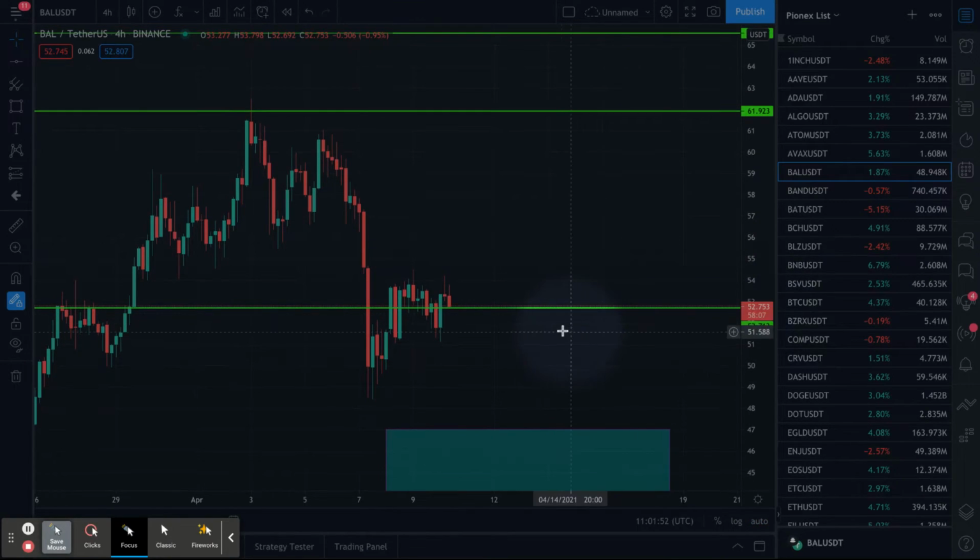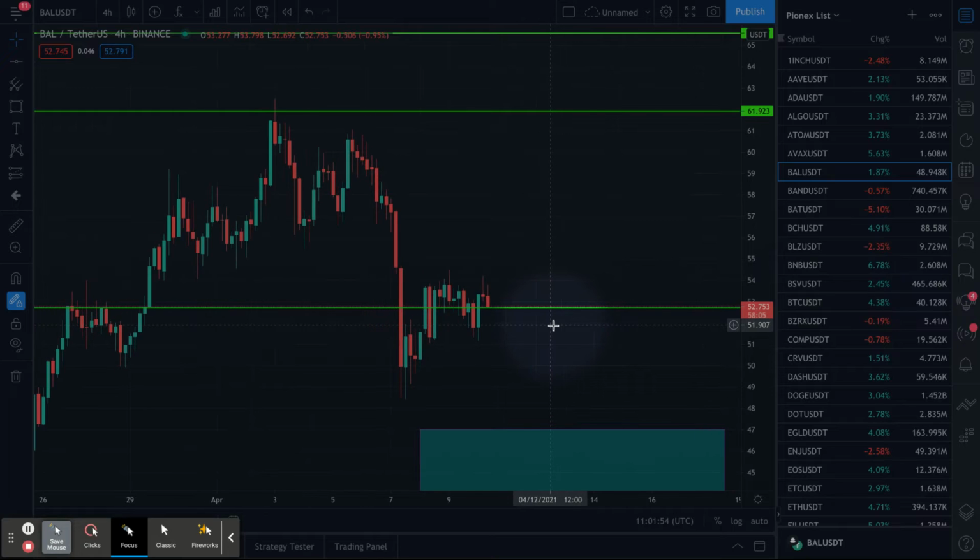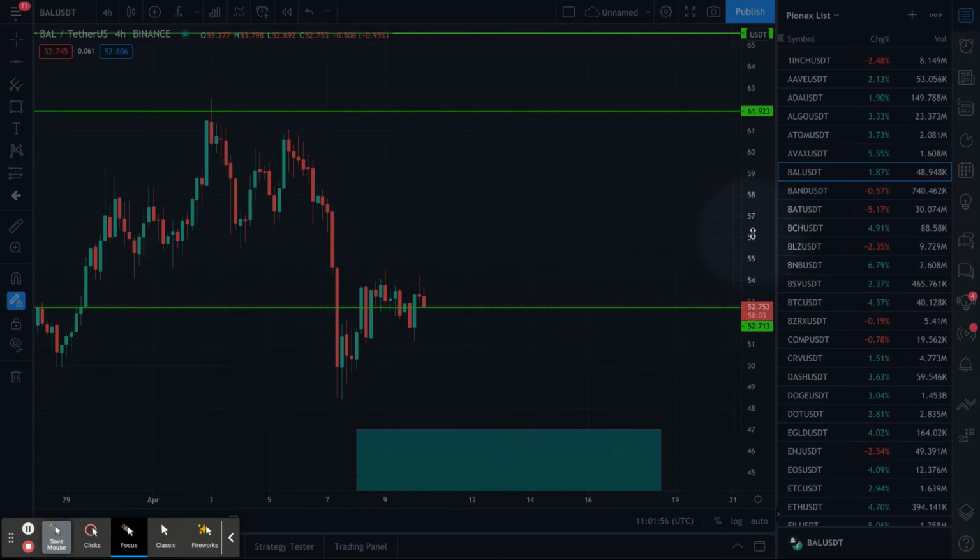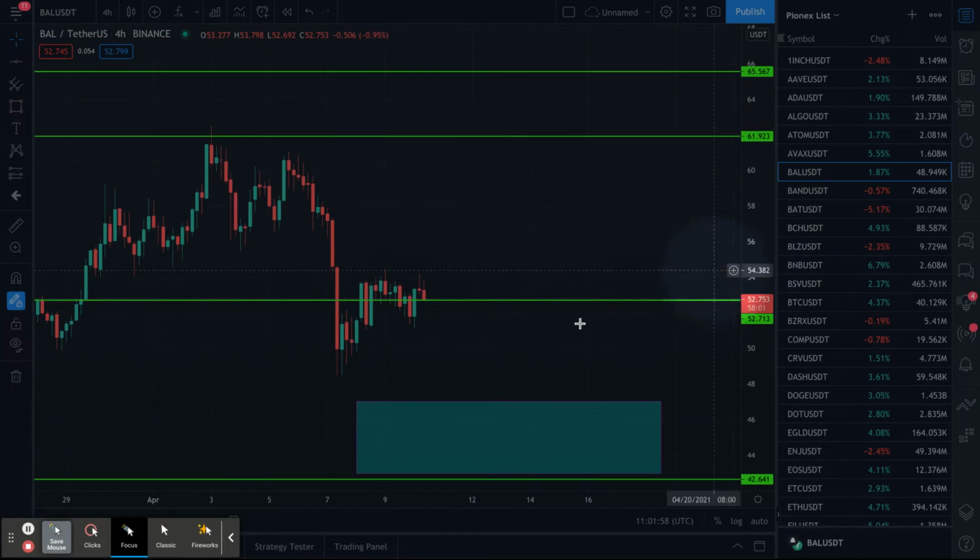Now, the other side of this is you can't trade or chart a leverage token. So what happens is this right here, if it starts to go up and my indicators say it's going up, the chart is saying it's going up, everything says, hey, this is a good area for a buy, go long.